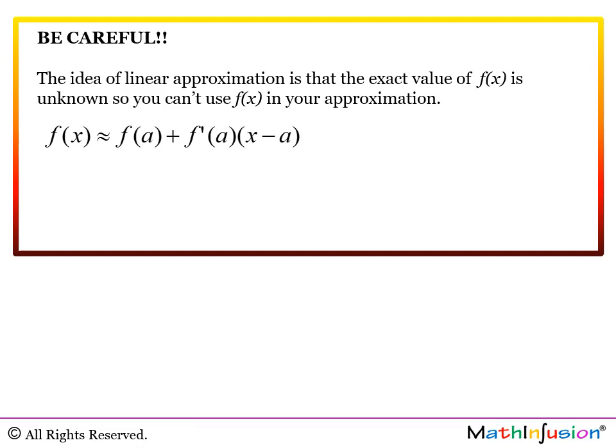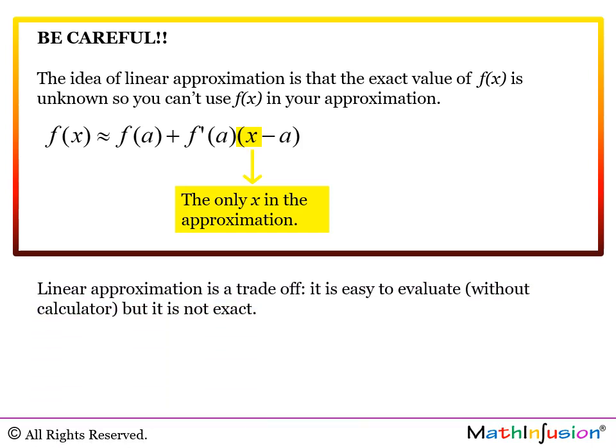As you can see, we have here f of a and f prime of a. The only x that appears here is just this one. Linear approximation is a trade-off. It is easy to evaluate, definitely without a calculator, but it's not exact.